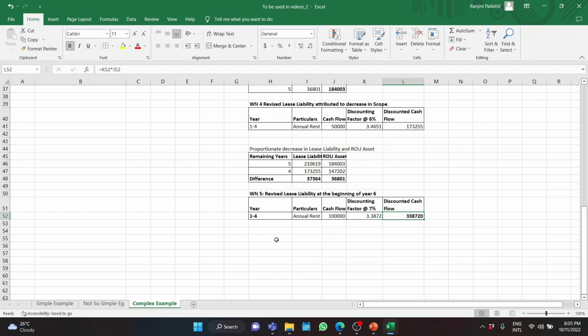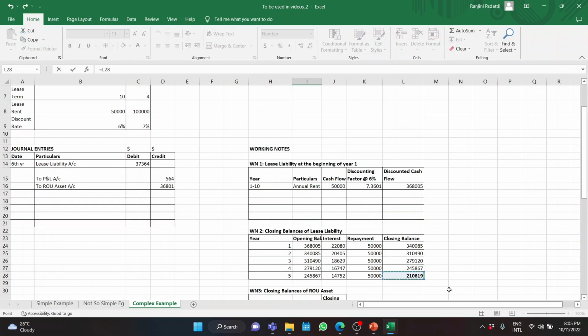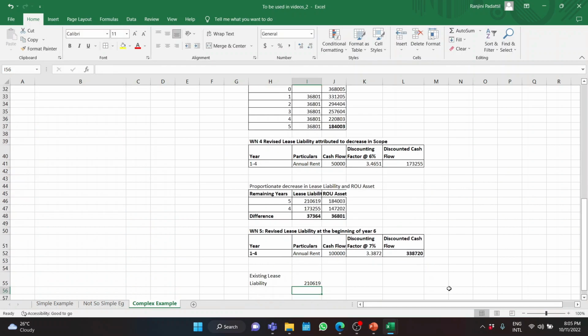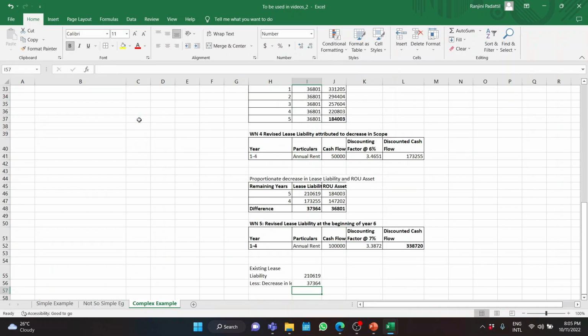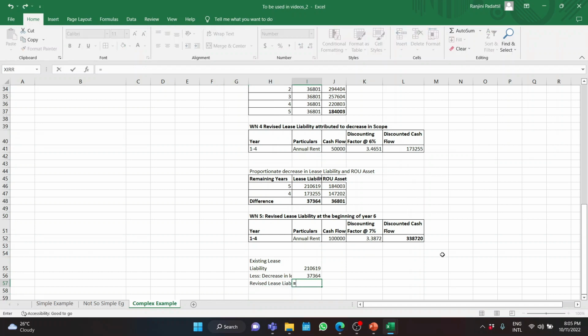What is the lease liability in the books as of now? 210,619 without any modification. Then you have less the decrease in lease term, 37,364. What is the lease liability that you need after considering all changes? It is 338,720.